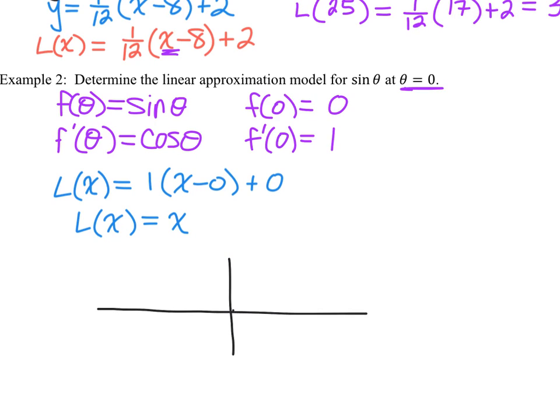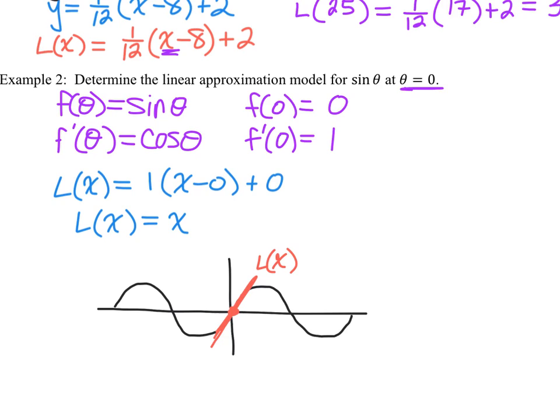Let me just do a quick sine wave. They're talking about the point at 0, and based on the tangent line, for the values that surround 0, we can use the line y equals x as an approximate form.